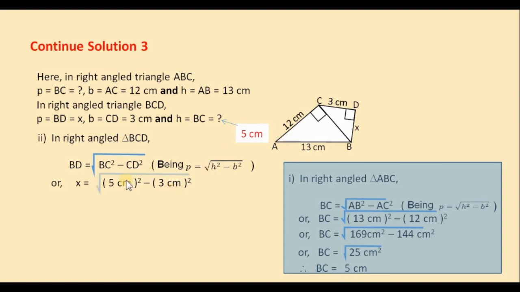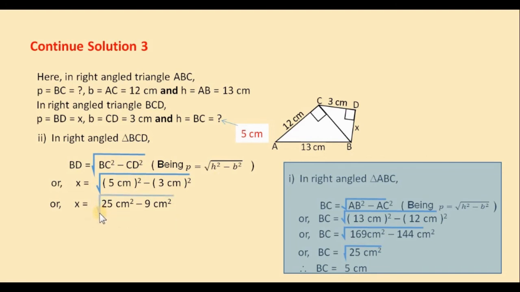Therefore, X is equal to square root of 5 centimeter whole square minus 3 centimeter whole square, where 5 centimeter whole square is 25 square centimeter, 3 centimeter whole square is 9 square centimeter.